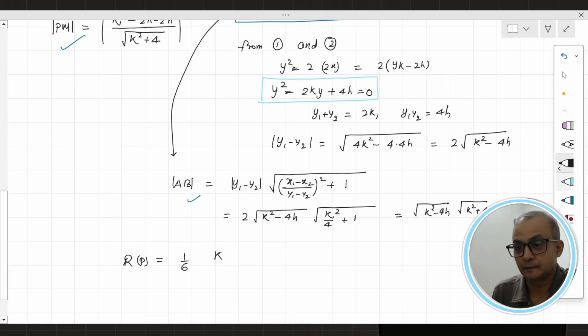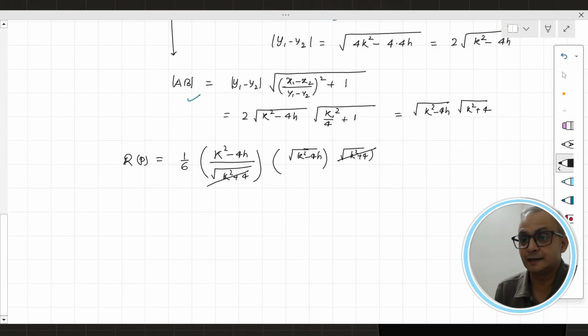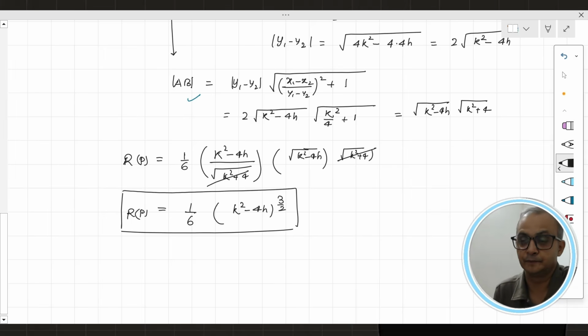So k square minus 4h divided by root of k square plus 4. And here again root of k square minus 4h and into root of k square plus 4. You notice this 2 will get cancelled, and we have a little bit cleaner version of this area in terms of this. So what we get here is k square minus 4h to the power 3 by 2. This is the area function of the required region.